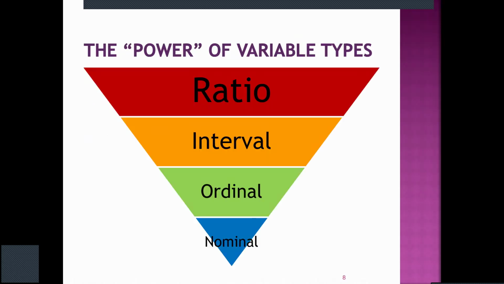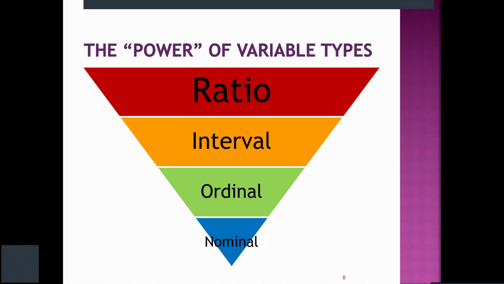We talk about the power of the variable types in terms of what we can do with them statistically. So the most powerful is ratio. We can calculate ratios. That's part of where the name came from. The statistics that we use to describe them are the most complex. Interval is slightly less powerful because of that not having a 0 point, although in fact we often analyze it very similarly to ratio.